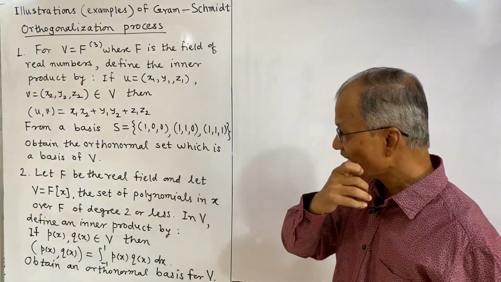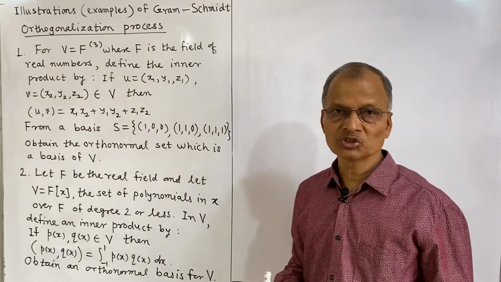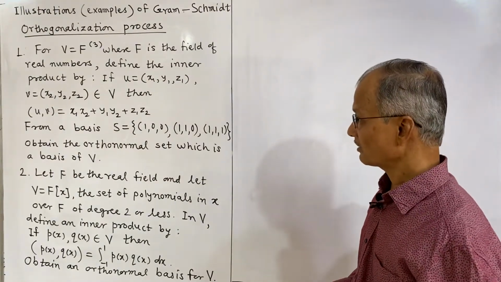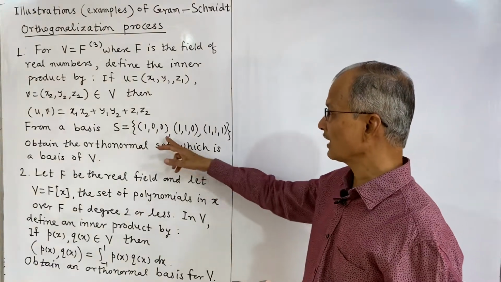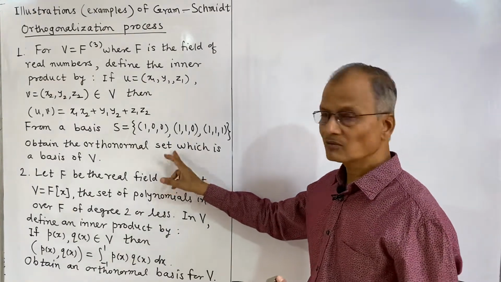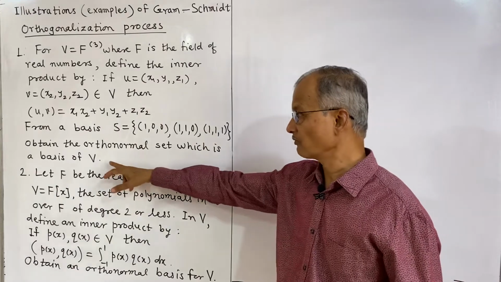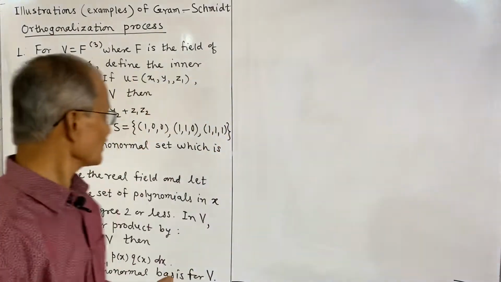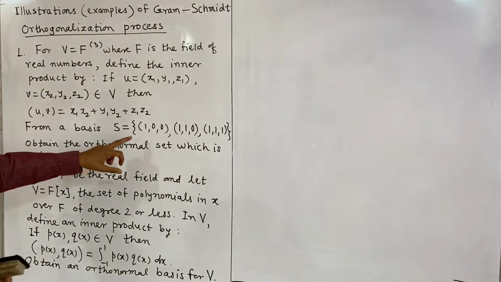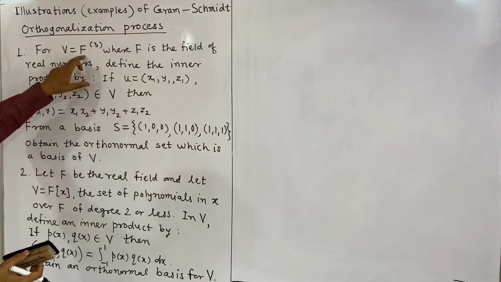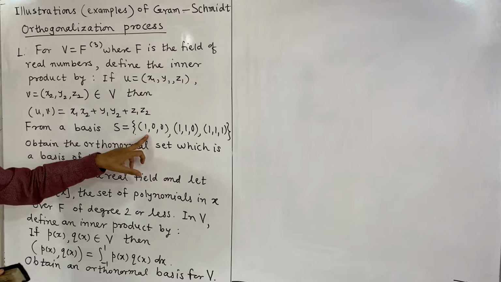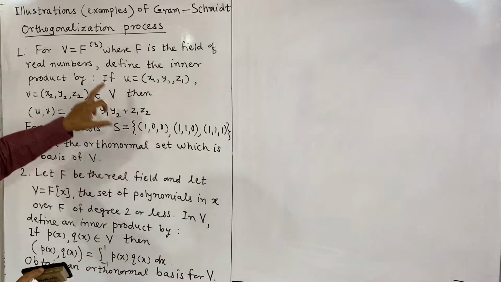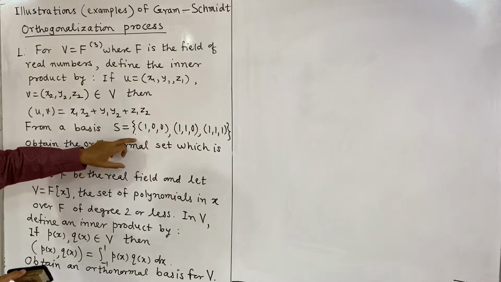To get an orthonormal set as a basis, we should first have a basis. Consider any basis, and we shall then convert that basis to an orthonormal set, which is again a basis for V. So, starting with this set as a basis of V, F3, it is a set of independent vectors which spans F3, and therefore, it is a basis.